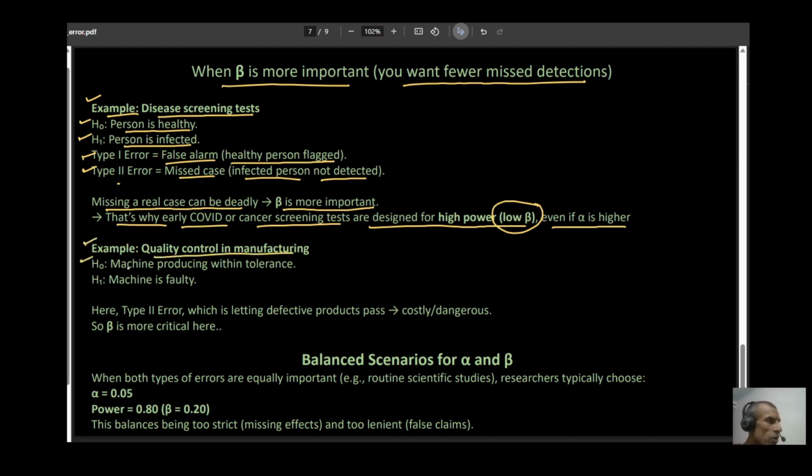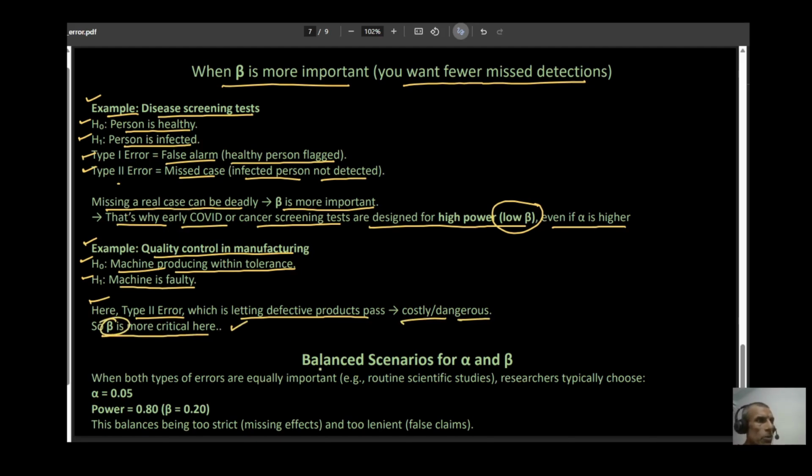Let's say your H0, your null hypothesis, is that the machine is producing within tolerance, that the machine is working fine. Your alternative hypothesis is that the machine is faulty. So here, your type 2 error, which is beta, letting a defective product pass, can be costly. It can be very dangerous. So in this case, my beta is more critical, and I'll be focusing more on beta over here.